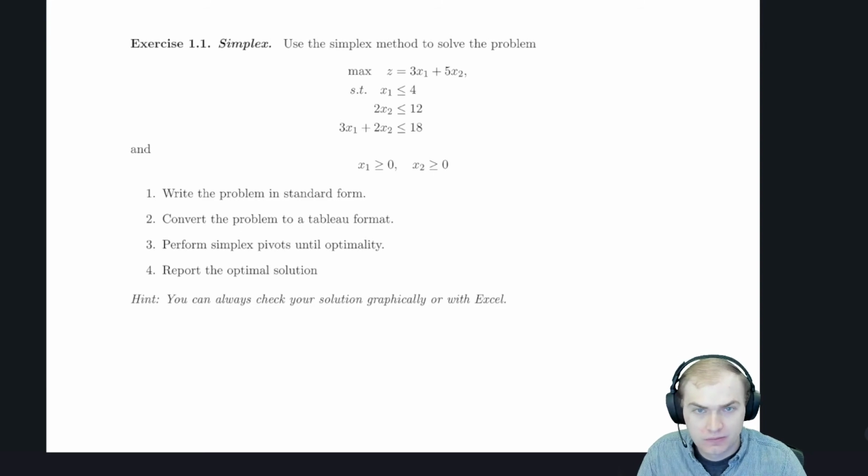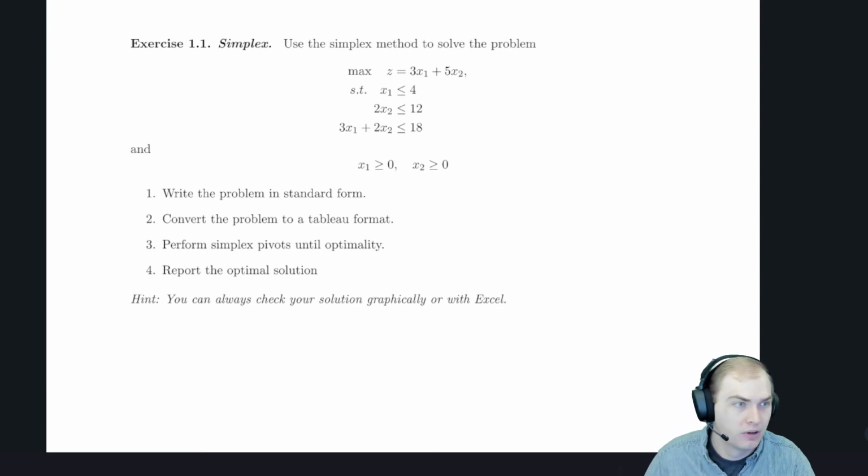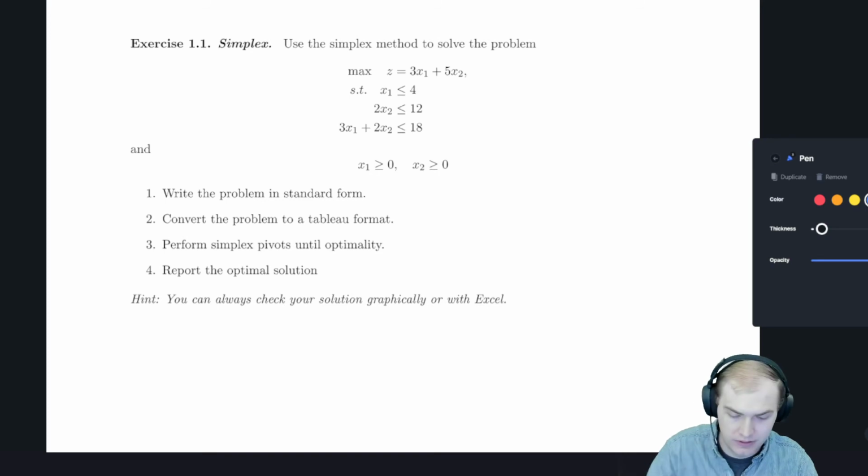Let's write the problem in standard form first. My marker is much bigger than it was.